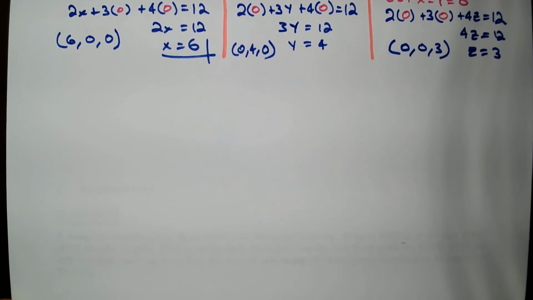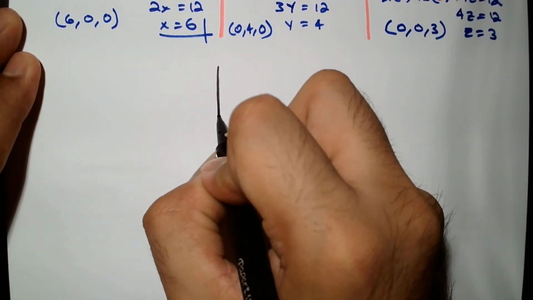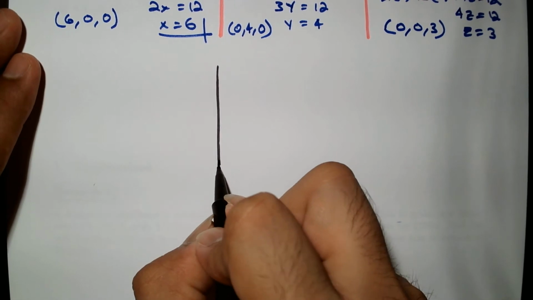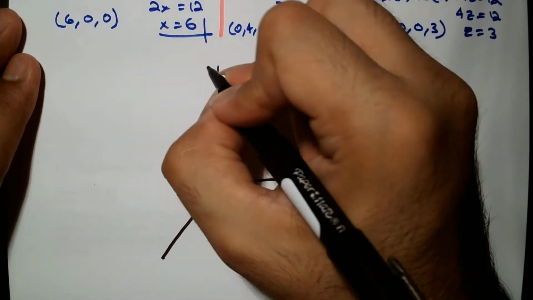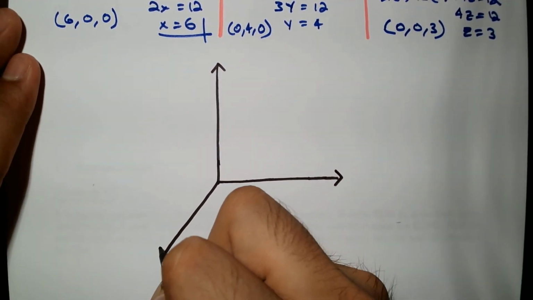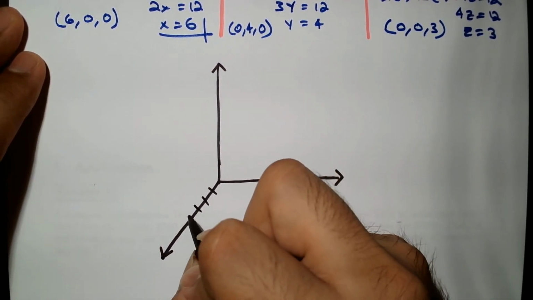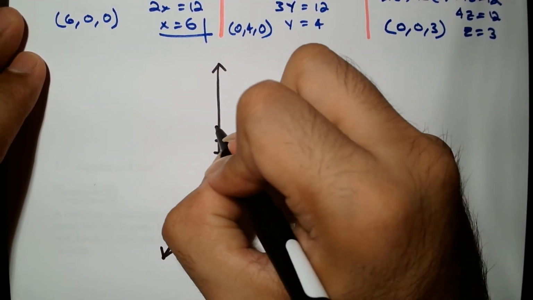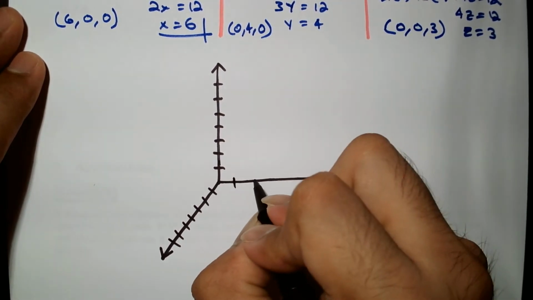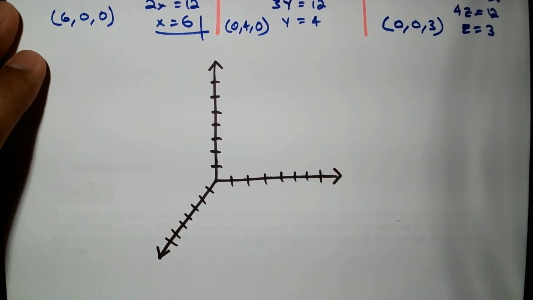Alright, how are we going to plot this plane? First of all, let's make a 3D graph, not a 3D plane, otherwise that wouldn't be a plane. I'm going to mark 1, 2, 3, 4, 5, 6, 7 on each axis.